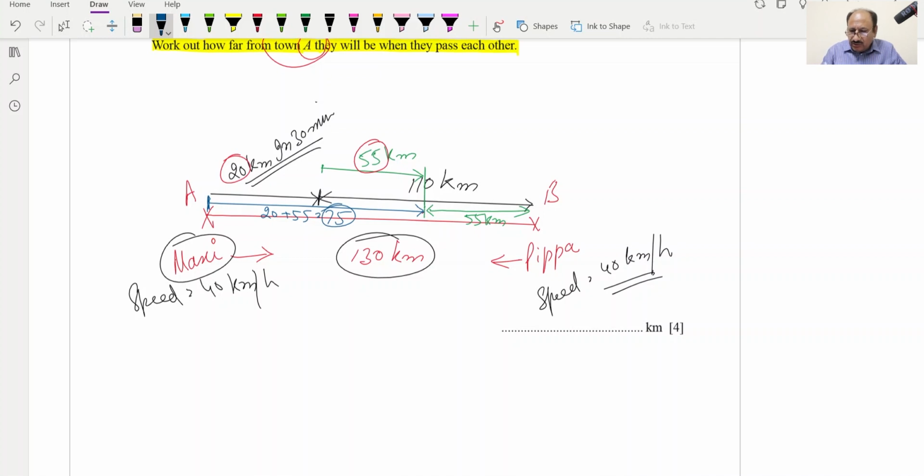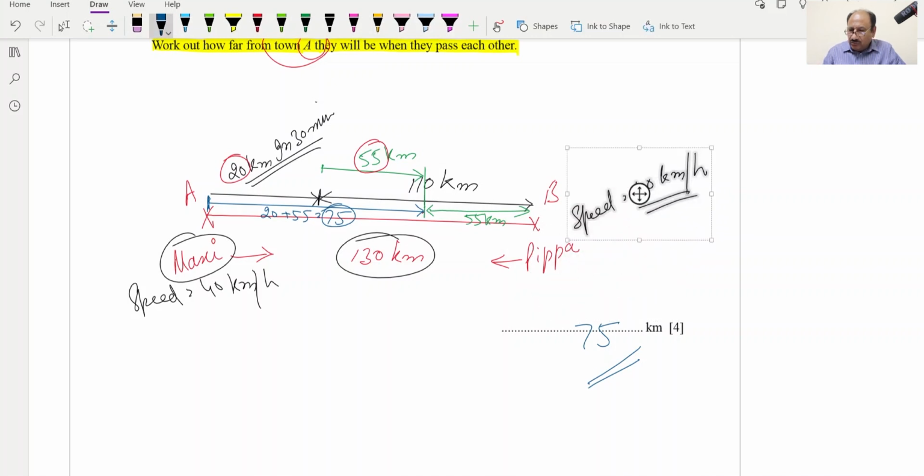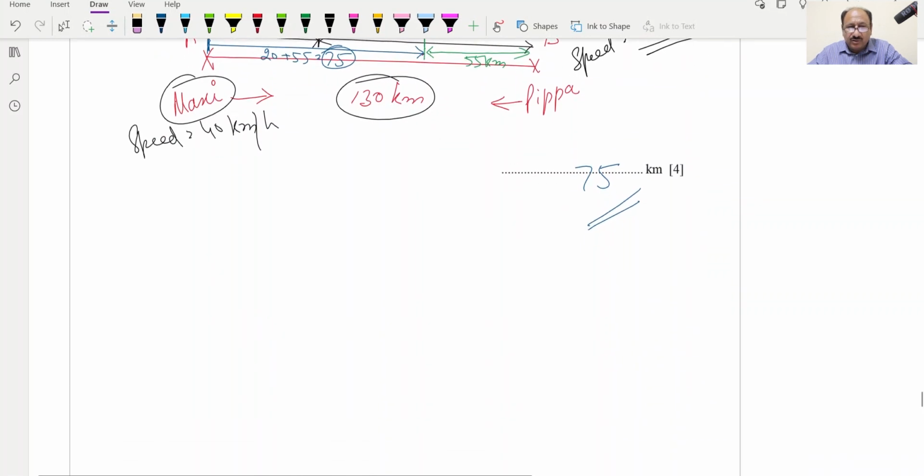So this answer will be 75 kilometers. Hopefully you understood this. And this one I will move over here so that you will not be confused by the answer. So this is 75 kilometers, a 4-mark question which we are done.